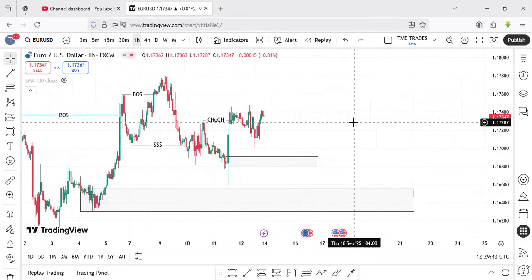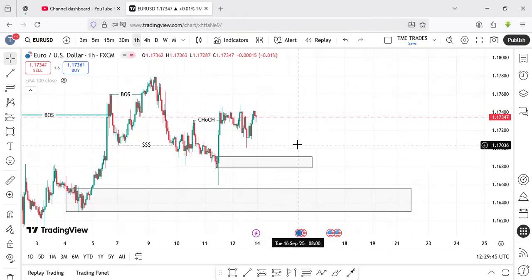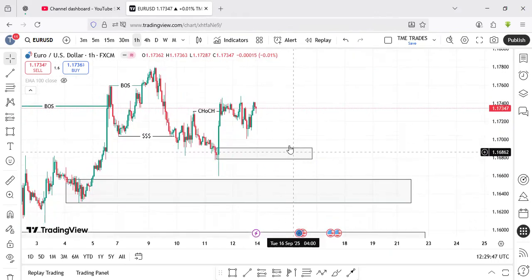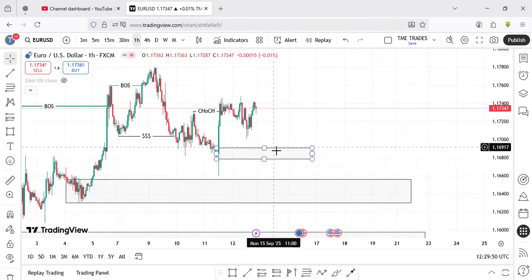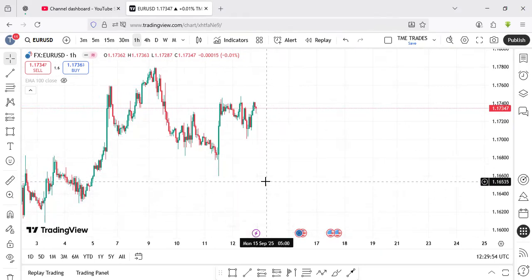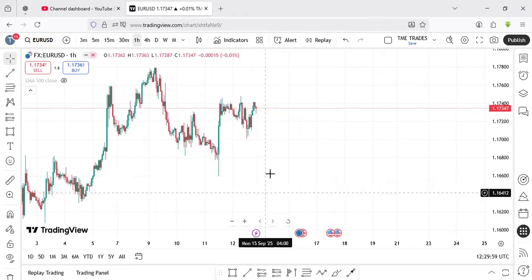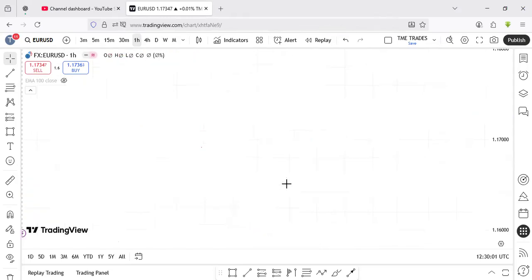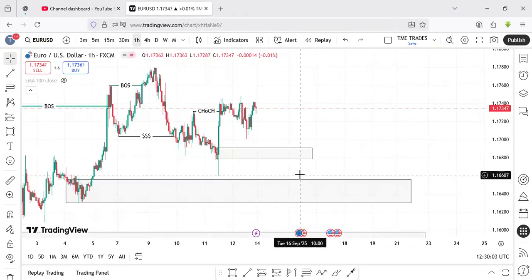Now, having all this in mind, remember, always wait for change of trend whenever we have any order block that is yet to be tested.